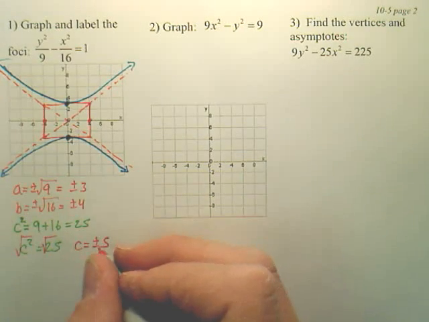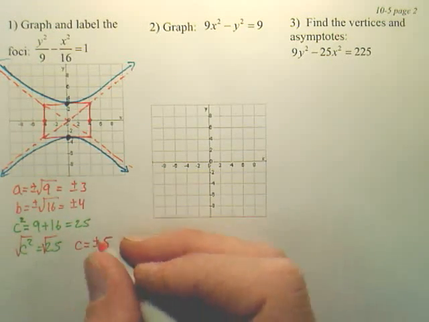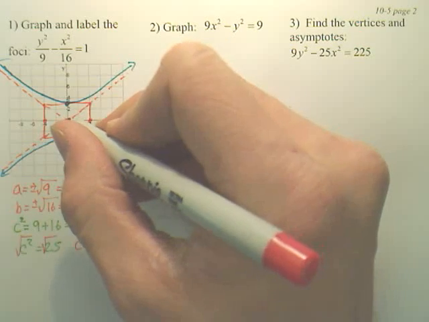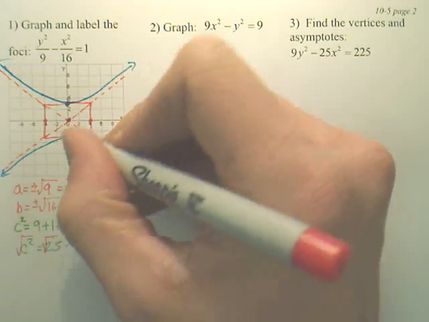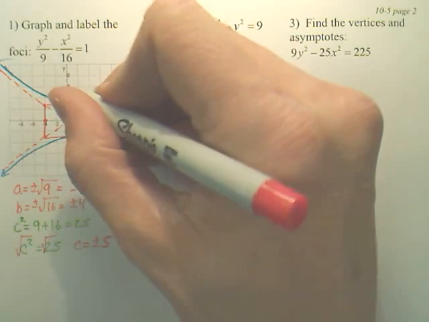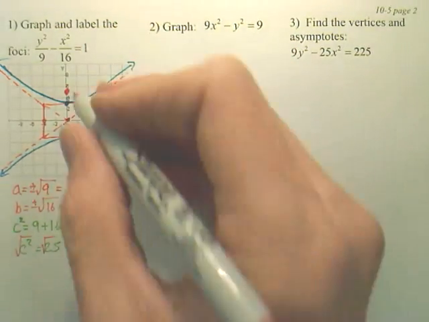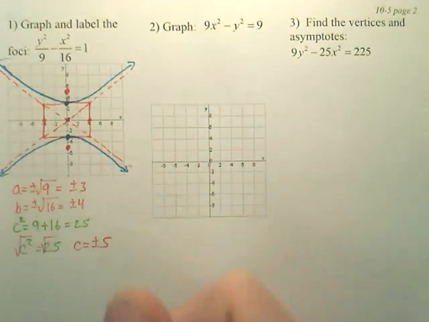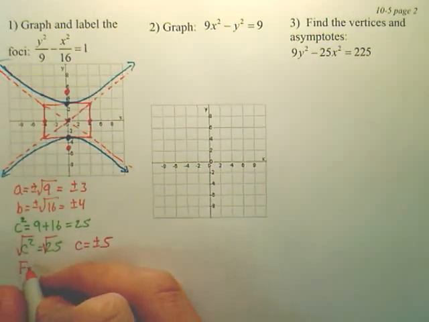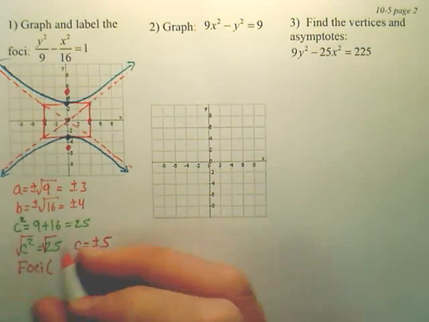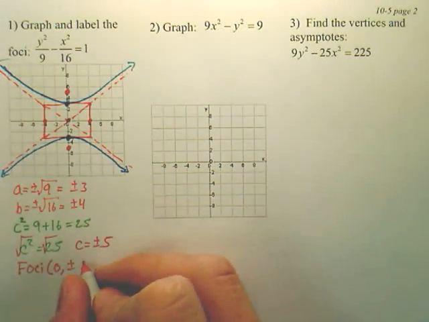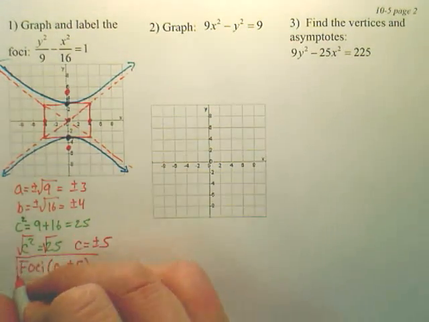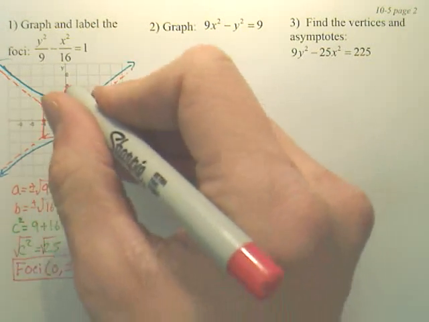What that means is you're going to go 5 from the center. It's always inside, so you go 5 down for a focus and 5 up, because of plus or minus. And that tells you where your foci are. If I want to write those as coordinates, your foci are (0, -5) and (0, 5). Those are my foci. Just label them right there.